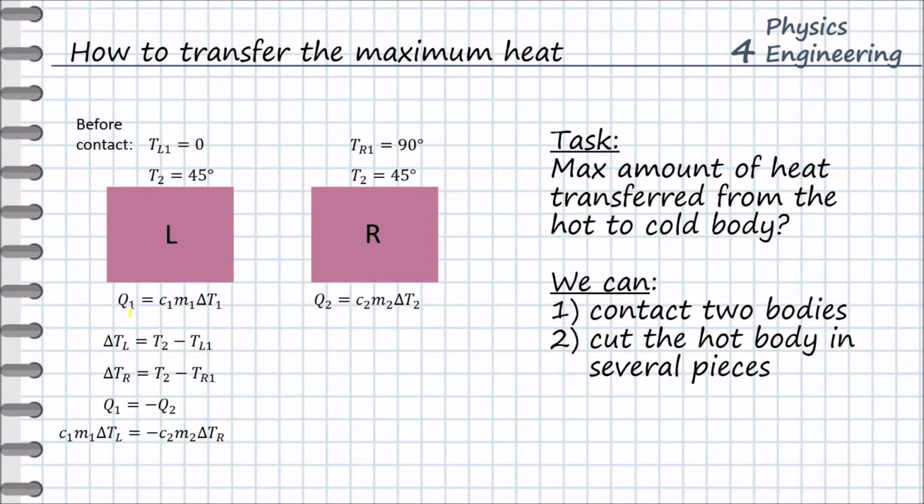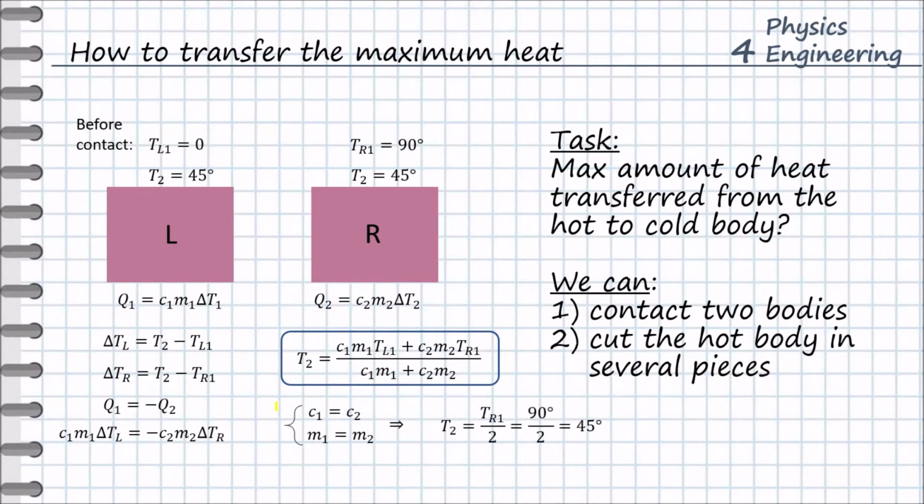And then with the consideration that the amount of heat given by the hot body is equal to the amount of heat taken by the cold body with the opposite sign, we can solve this problem. And this is the answer. Considering that the mass and the specific heat capacity of these two boxes are the same, we can easily calculate that the final temperature of these two boxes is 45 degrees, exactly as we expected before.